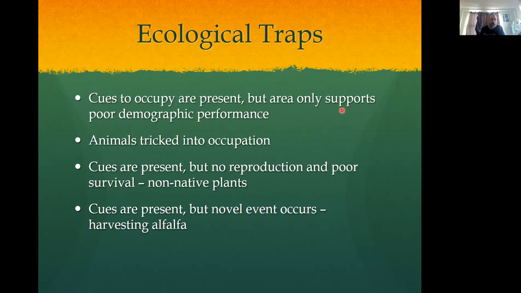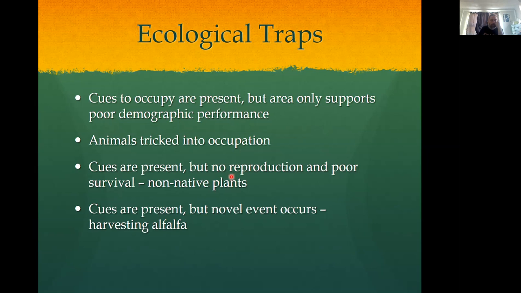The area itself doesn't lend itself to survival, right? This demographic performance, this idea that we're going to have a consistently large population of next year's adults, and that remains the same year in and year out for different reasons, right?